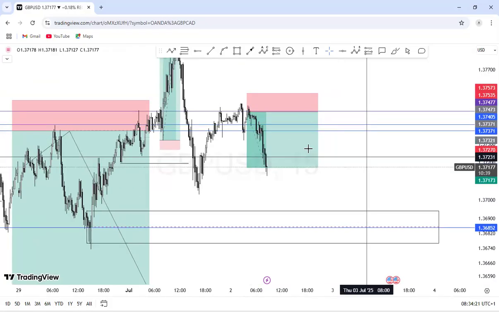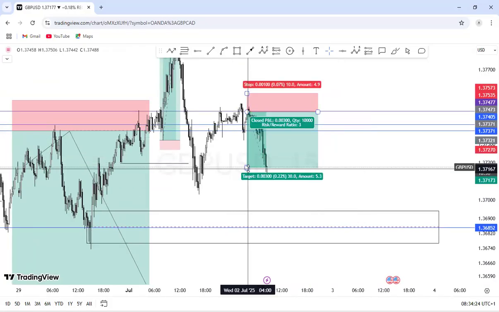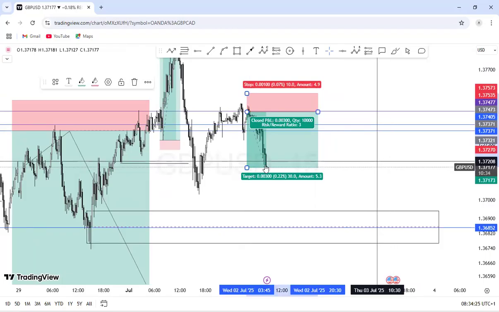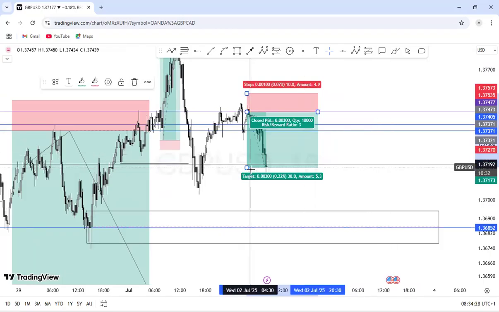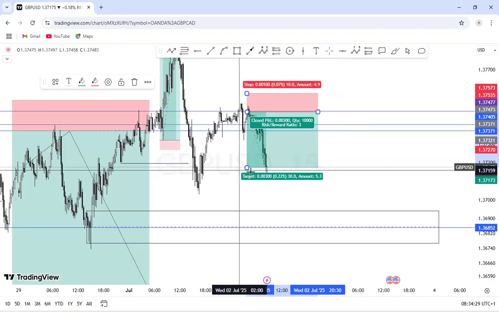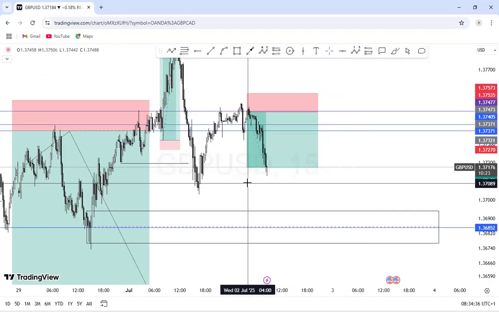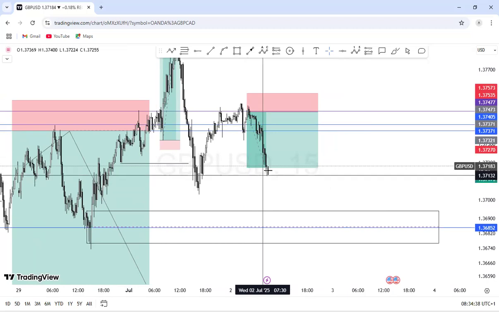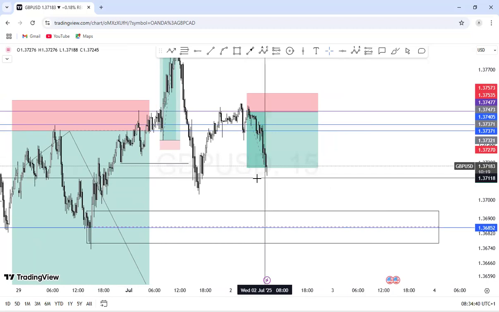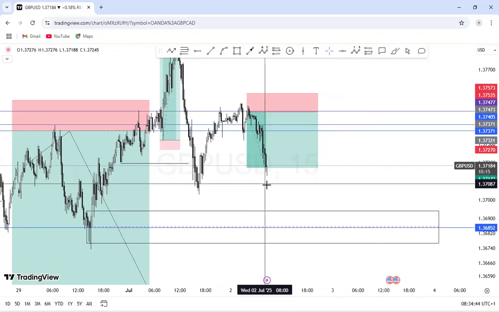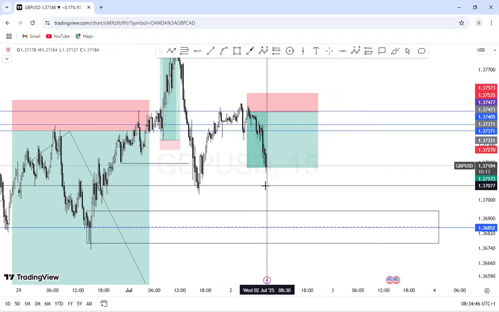So you are risking $10, you should be making times three, $30. You're risking $100, you should be making $300. You're risking $1,000, you should be making $3,000 just on this particular trade entry, right? From 4 o'clock this morning on the 2nd of July until this particular day, 8 a.m. So within 4 hours, you've made three times your risk.